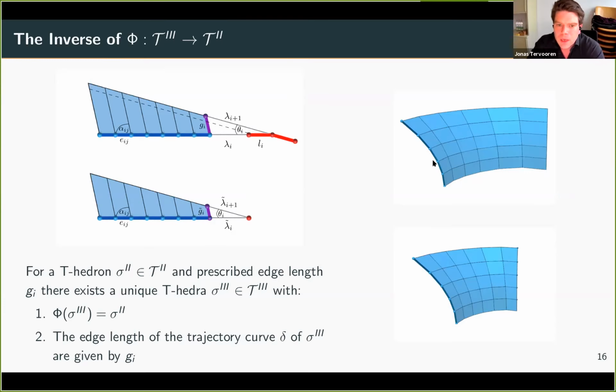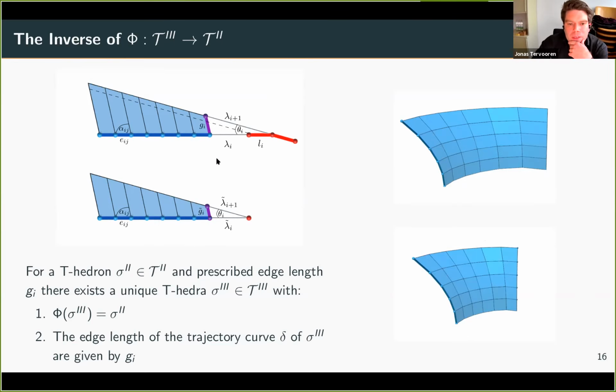But if we now look at one vertical stripe of these surfaces, just here on the left, we can see that the angles are the same and that the horizontal edges are the same, but that just the vertical edges are scaled.